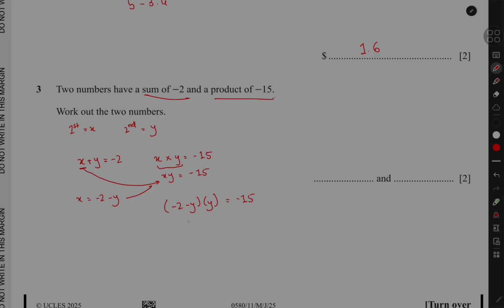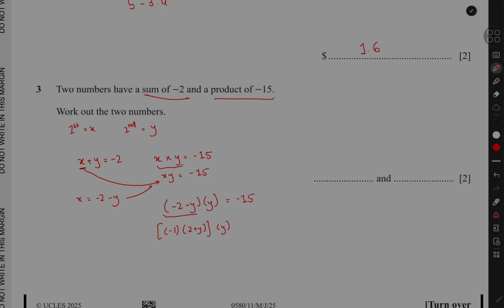Now this might seem pretty advanced, but it's really not. We will just take this negative sign and this negative sign and take that as common. So -1 multiplied by (2 plus y) multiplied by y.